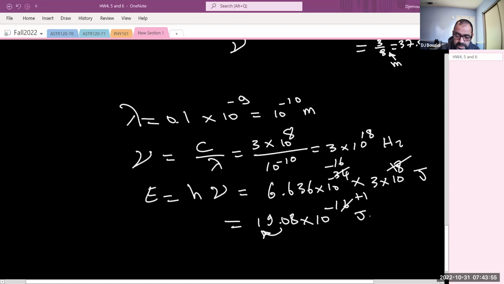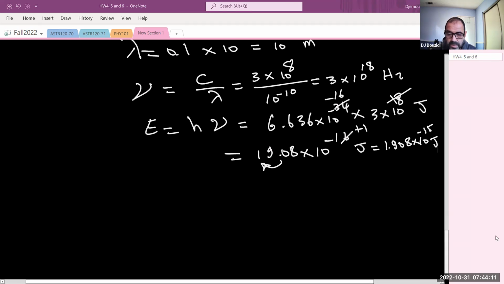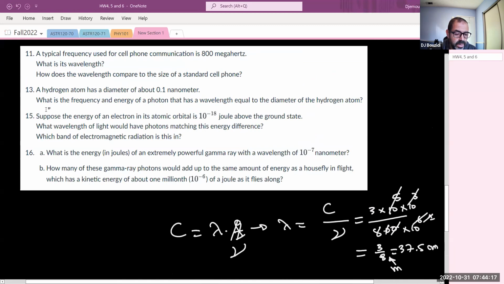So negative 16 plus 1 is negative 15. So it's going to be 1.9068 times 10 to the negative 15 joules. It's a lot of energy, honestly. It sounds too tiny, but in electron volts, this is a lot. This is about 10,000 electron volts. That's a typical unit that is used for atomic energies and things like that.